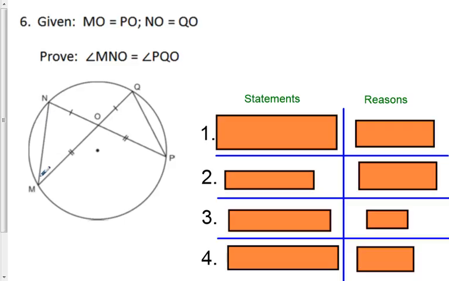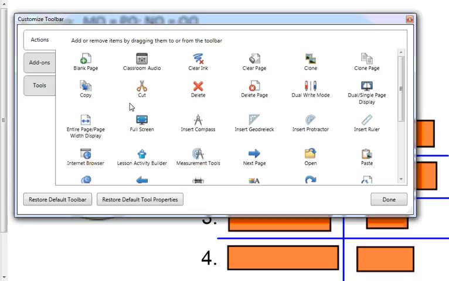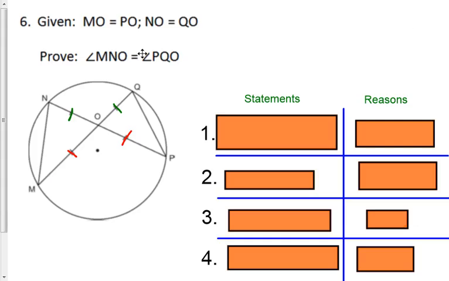It looks like they make two triangles, one from M and O, and one from P to Q to O. So if we are given that MO equals PO, so this one equals this one, and that NO equals QO, so this one equals this one, we need to prove that angle MNO, this angle here, equals angle PQO.